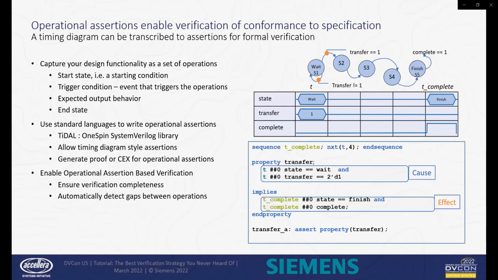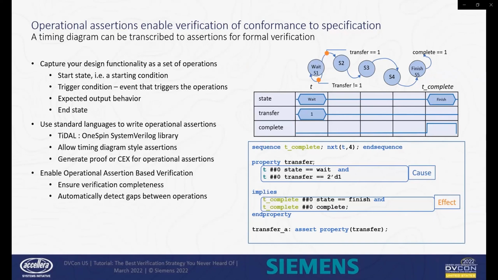The effect is described using the implies keyword and specifies the state should be finish and the signal complete high at time point t_complete. The operational assertion is then captured as the usual assertion property semantic in SVA. We can then proceed to formally read and verify this assertion in our OneSpin product.